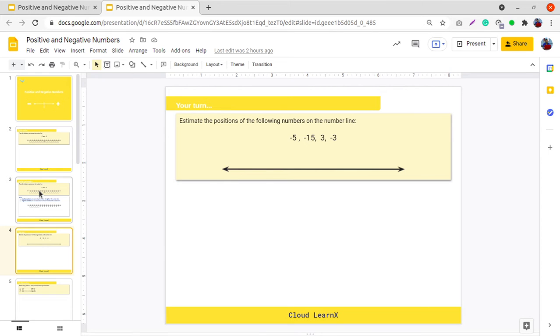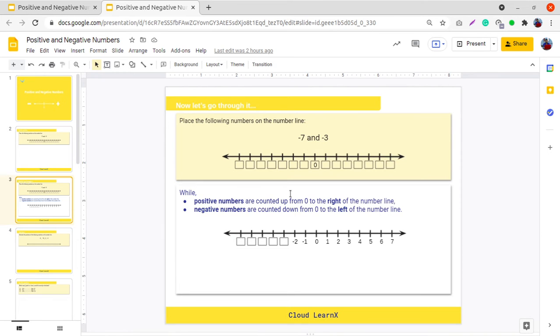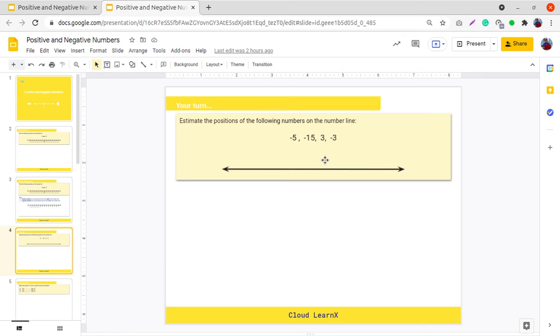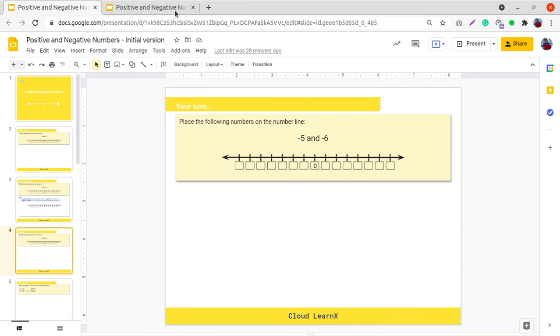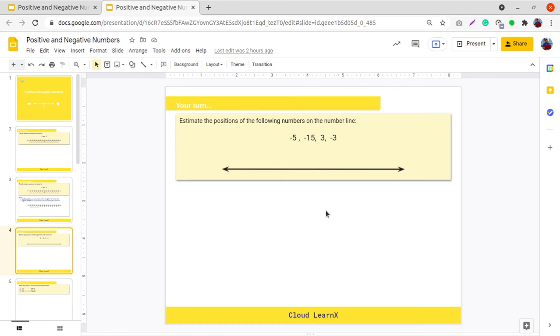And remember, the concept is still the same, right? We're trying to place numbers on a number line, but the student here has to have an idea on where the negative numbers and the positive numbers split, right at 0. So instead of providing that part directly, we just challenge the pupil to think about that.